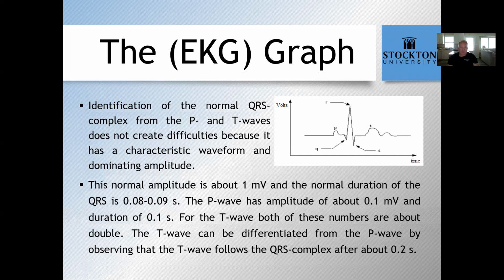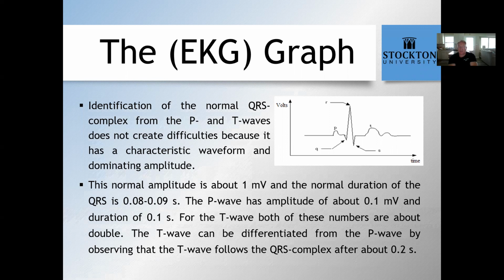Identification of the normal QRS complex from the P and T waves. So note that these kind of look like waves here, and here these kind of look like pulses, right? So the identification of the normal QRS complexes from the P and T waves does not create difficulties because it has a characteristic waveform and a dominating amplitude.